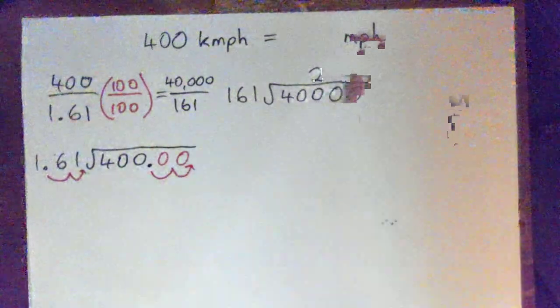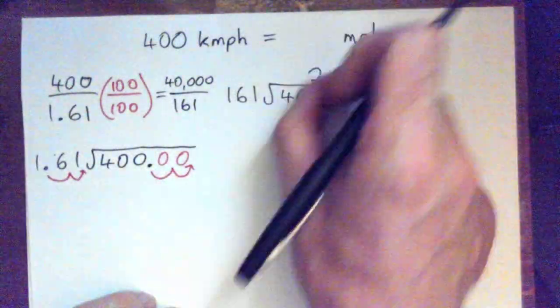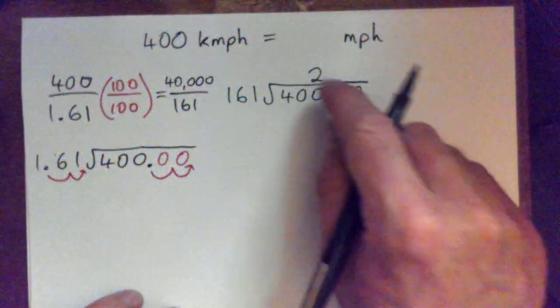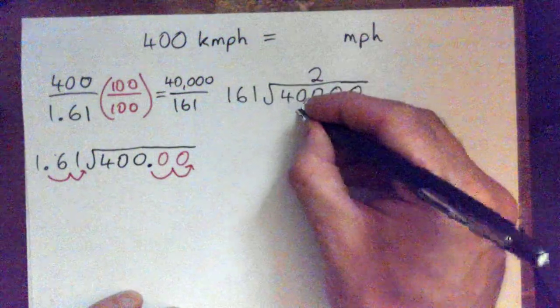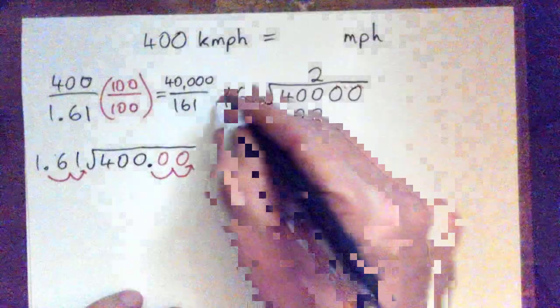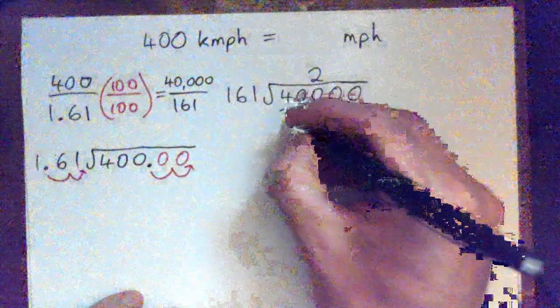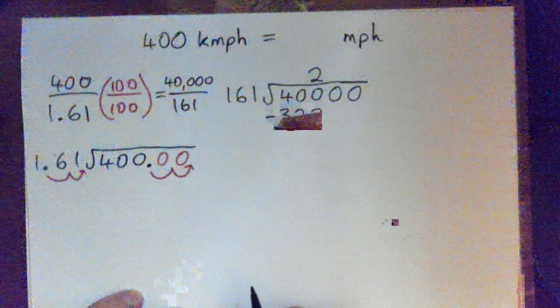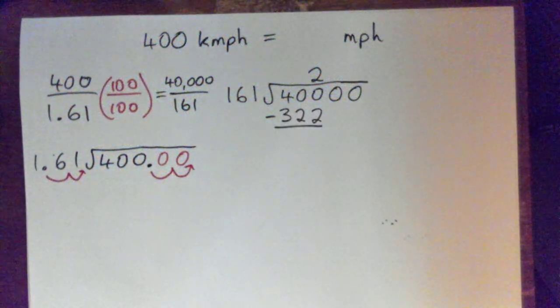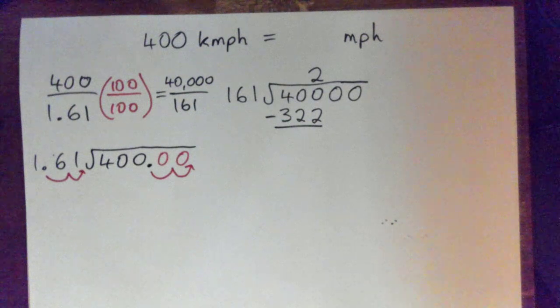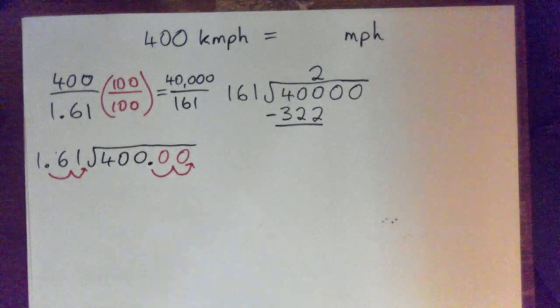Again, if you guess wrong, no problem. Rub it out with your pencil, start over. 2 times 1 is 2. 2 times 6 is 12, carry 1. 2 times 1 is 2 and 1 is 3. And then subtract. So that would be 8.